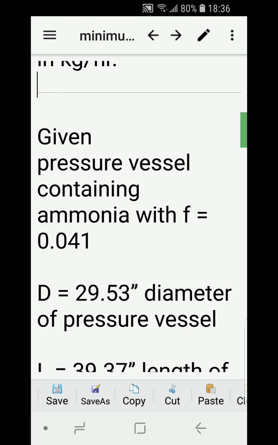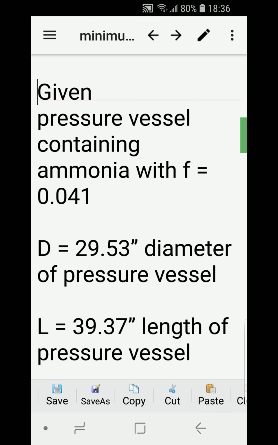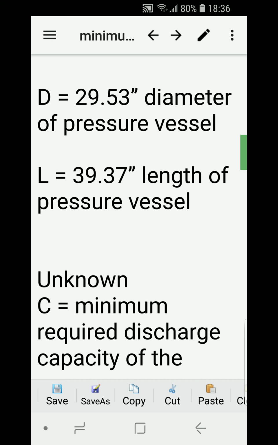Okay, analyzing the given, we've got a pressure vessel containing ammonia with F equals 0.041. The diameter of the pressure vessel is 29.53 inch and the length of the pressure vessel is 39.37 inch.